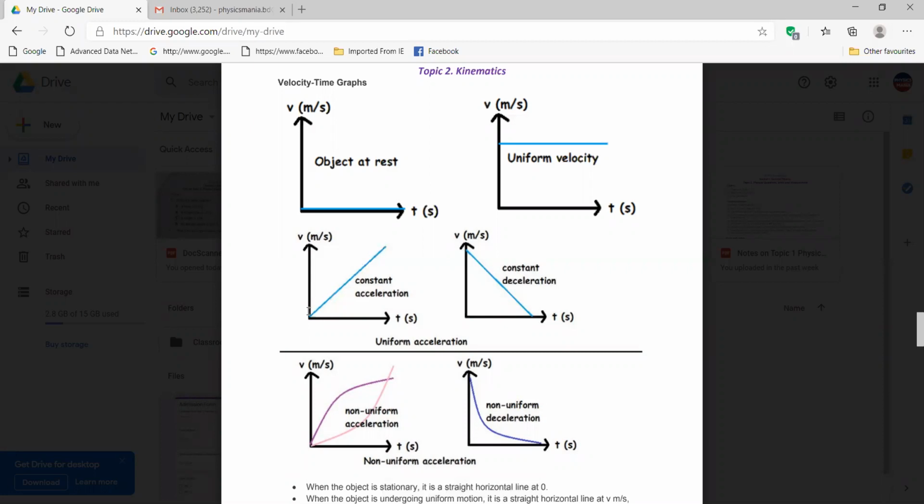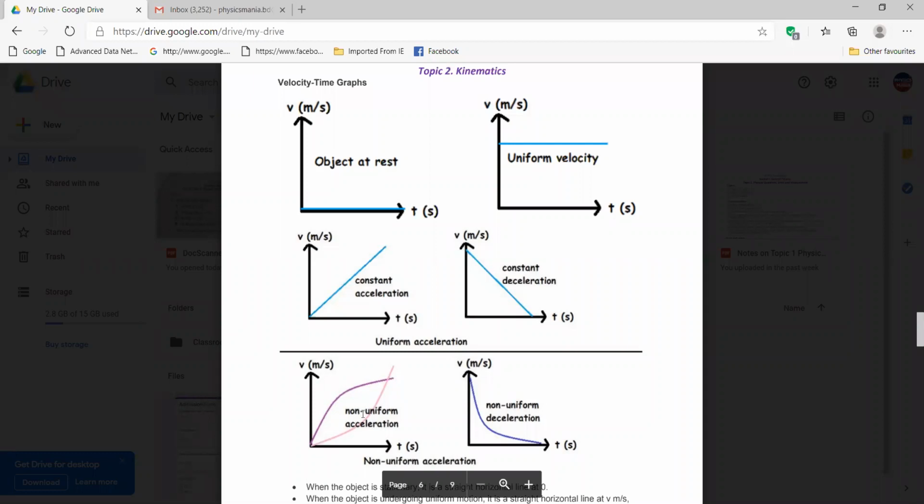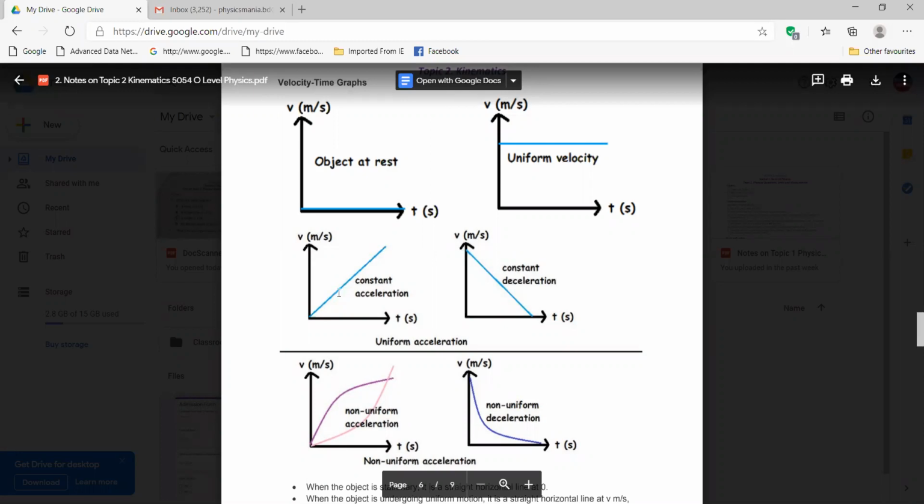And if it is non-uniform acceleration, the shape will be like this for speed time graph. But for distance time graph, constant acceleration, you will get a steeper curved line. So it's clear now, right?